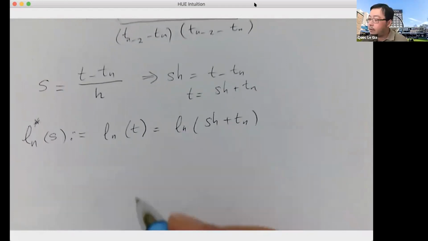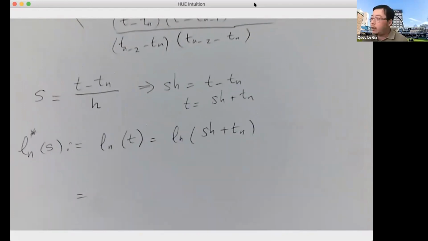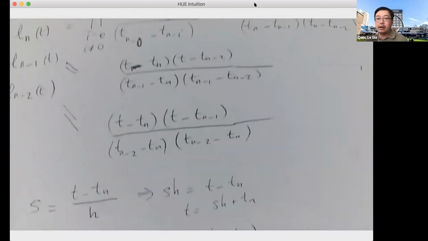Well, I plug it in. So I just put in the parameters here.